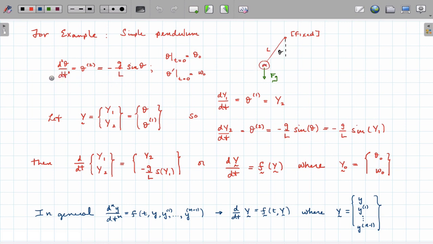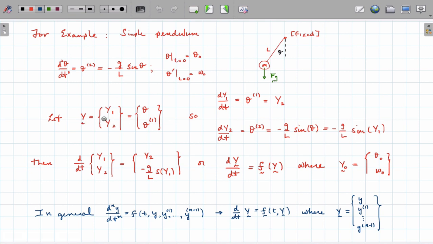To write this as a system is pretty straightforward. We go ahead and create a solution vector, we'll call it y, where the first element of that vector is just the variable that is being differentiated, theta. The next element of that solution vector is going to be the first derivative. And that's all that we're going to have. We're going to have the same number of elements in the solution vector as we do derivatives.